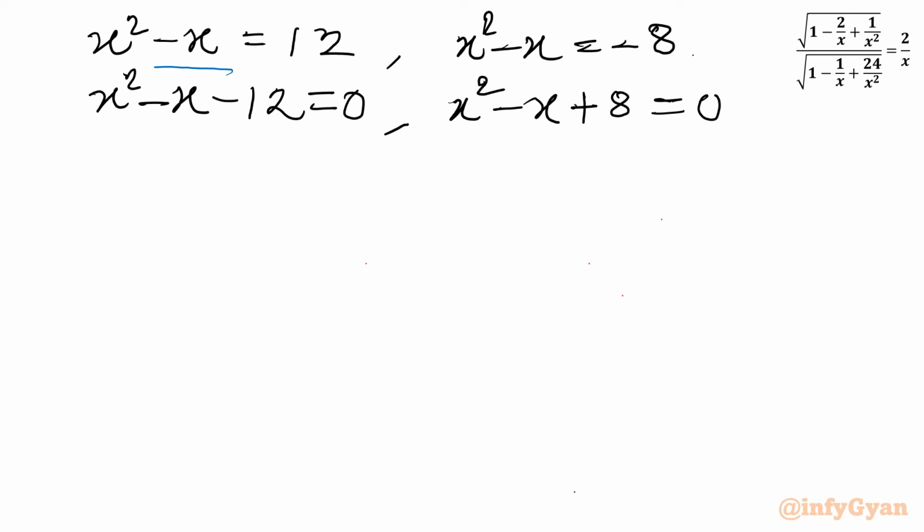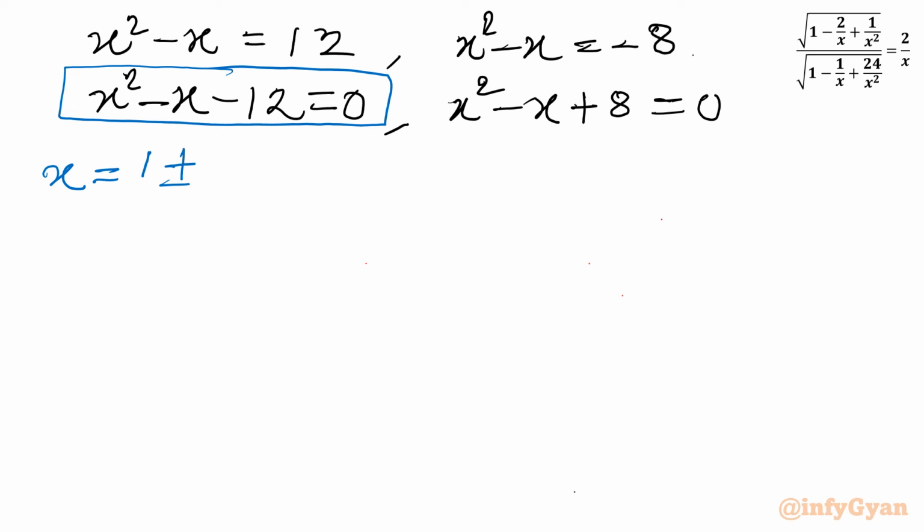So for the first quadratic equation, I will write x is equal to minus b, so minus of minus 1, plus minus under the root b square minus 4ac. So minus 4 times minus 12 will be plus 48, divided by 2a, so 2.